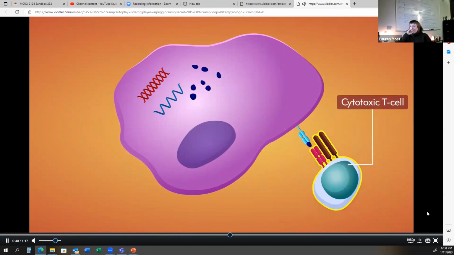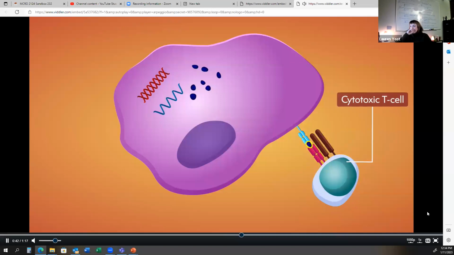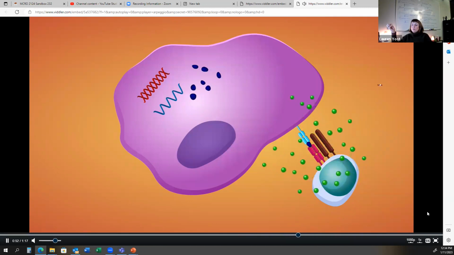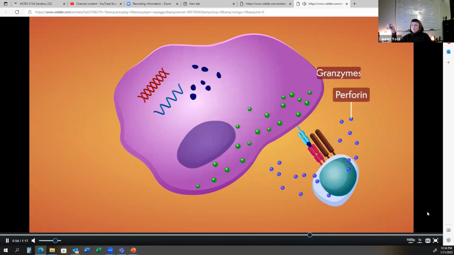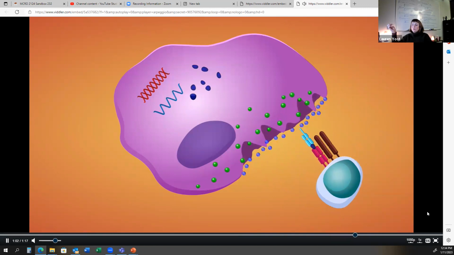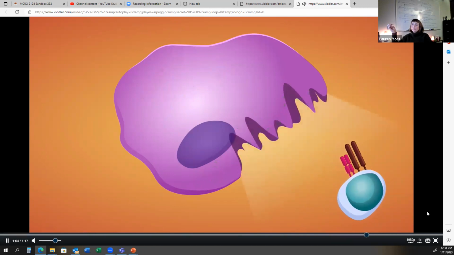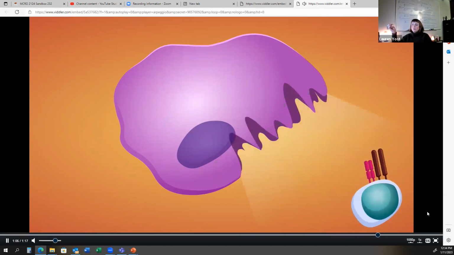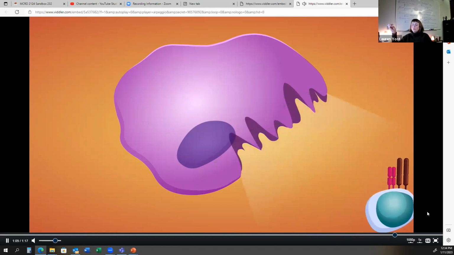Activated cytotoxic T cells interact with the virus-infected cells by recognizing both the viral antigen and the class 1 MHC. The cytotoxic T cell then releases granzymes and perforins, which cause perforations in the cell membrane and induce apoptosis in the infected cell. Cytotoxic T cells remain intact, detach from the infected cell, and move on to other target cells.